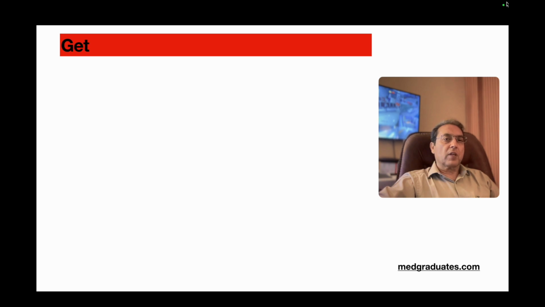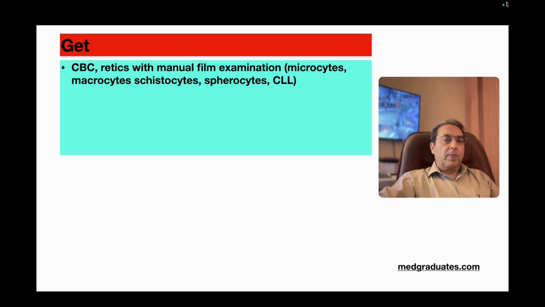When you get a patient with chronic hemolytic anemia, get the CBC. Retics may be increased only if the patient has developed folic acid deficiency; otherwise retics may not rise. The manual film examination will show microcytes if the patient has chronic anemia and is losing hemoglobin, and with that losing iron, they may develop iron deficiency. There may be macrocytes because there may be large cells like reticulocytes in the circulation.